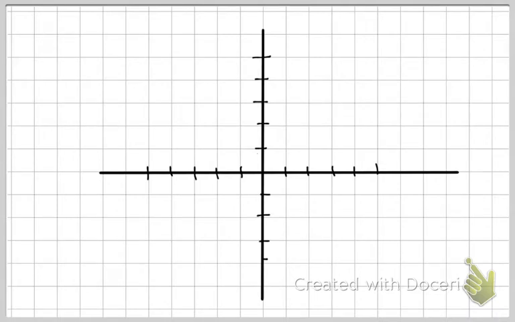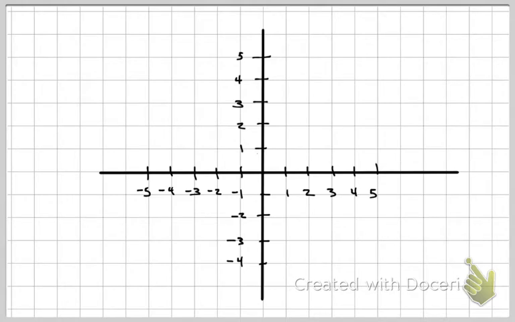For each grid line, you should have a point. So you have 1, 2, 3, 4, and 5. Negative 1, negative 2, 3, 4, and 5. Just numbering our graphs is what you should be doing. I think we're going to do 3 of these today, so keep that graph paper handy.